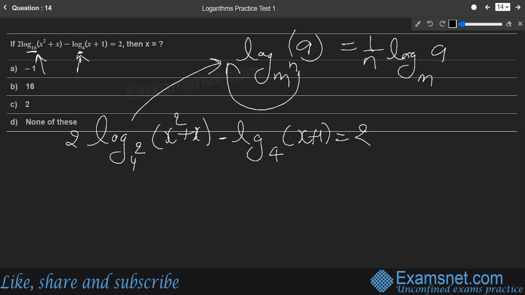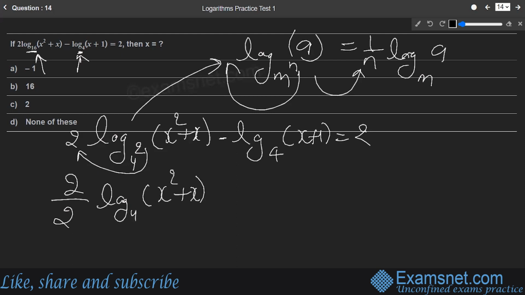So the base's power always goes back and divides. We can use the same situation here. The base's power is 2, so this 2 will go back and divide. So we will have 2 by 2 then log base 4, and then we'll be left with x square plus x minus log base 4 x plus 1 as it is, equal to 2.